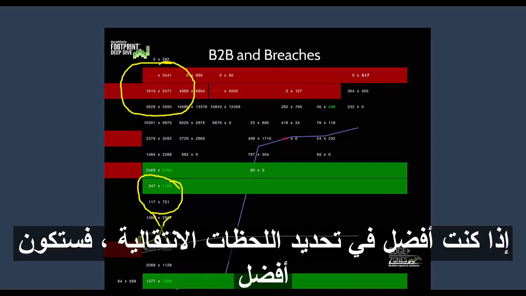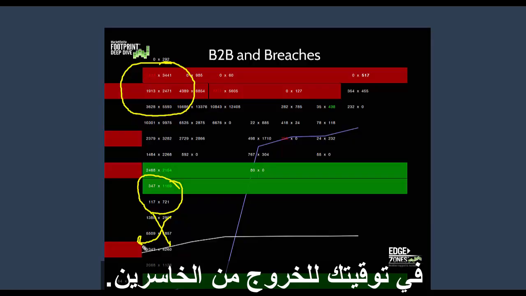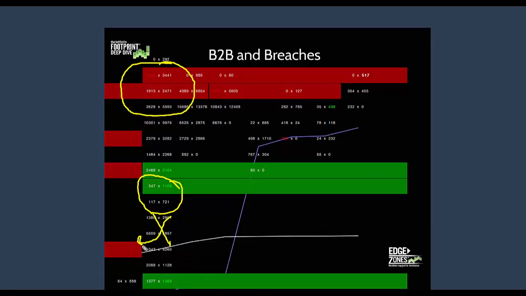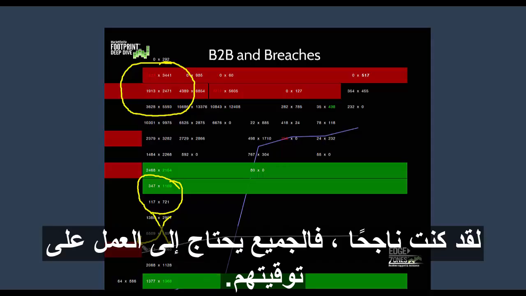If you're better at identifying transitional moments, you'll be better at your timing, getting out of losers. And everybody could work on their timing. No matter how long successful you've been, everybody needs to work on their timing.